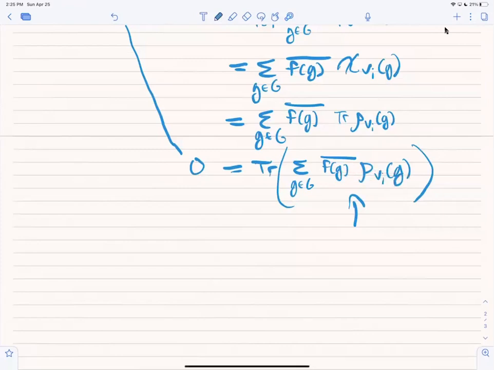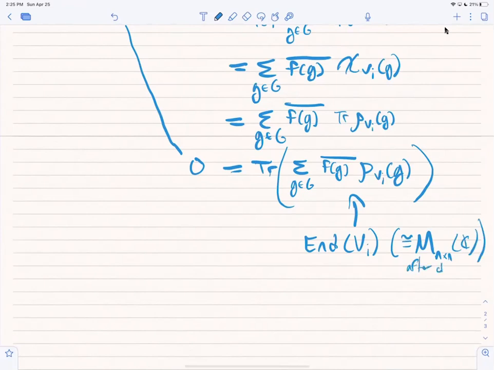So this is just in End(V_i), the endomorphisms, which just means all the linear transformations. If you fix a basis, you can identify that with the n by n matrix ring, where n is the dimension of V_i.